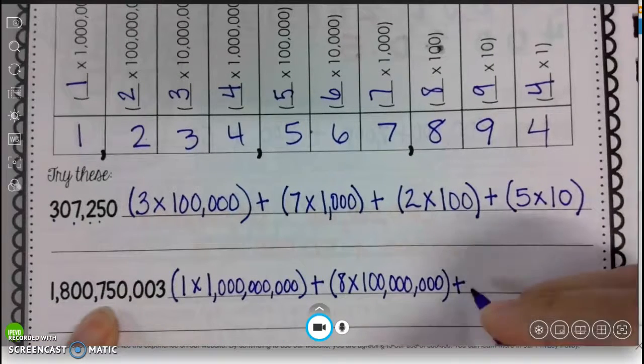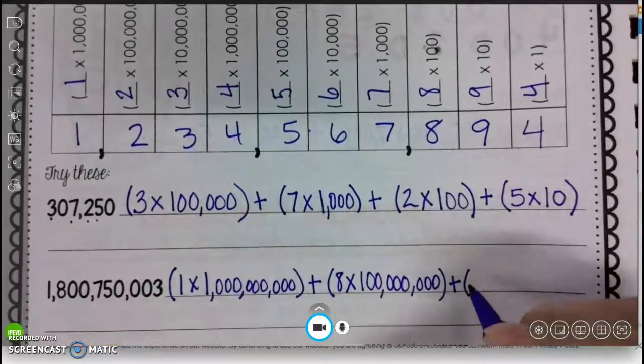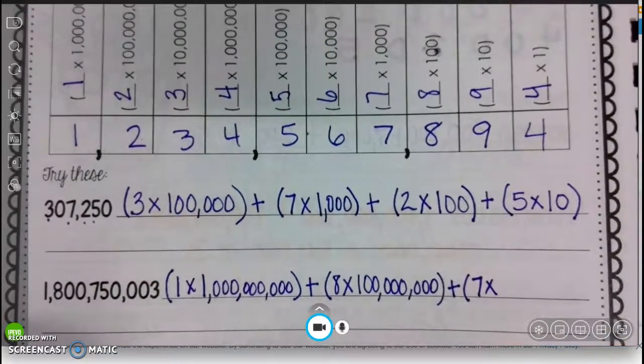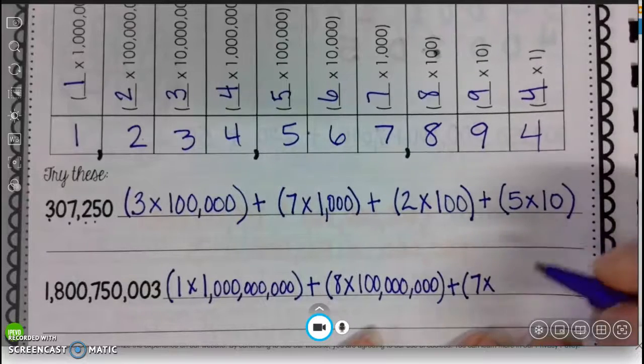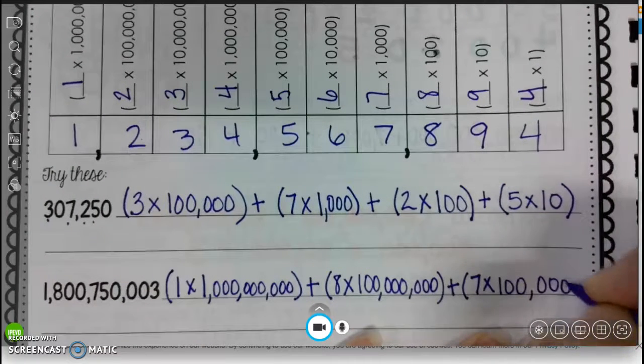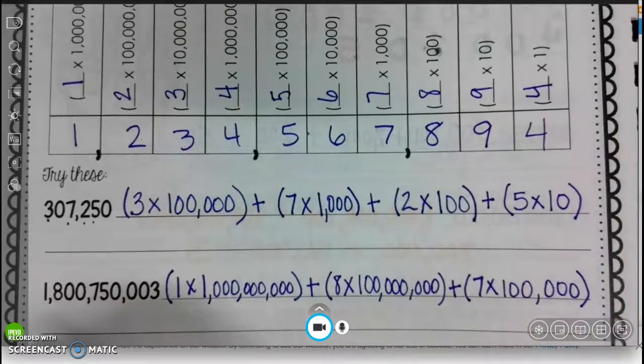The next digit that we're going to do is the 7. And what place value position is that 7 in? 700,000. It's in the what place value? 100,000. So you're going to do 7 times 100,000. Close your parentheses.